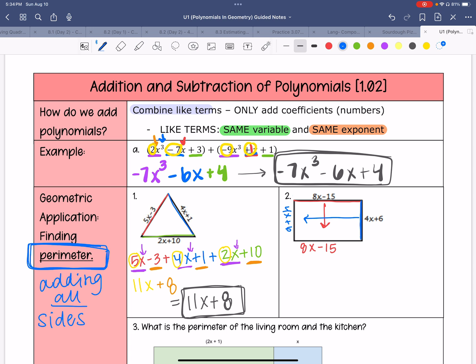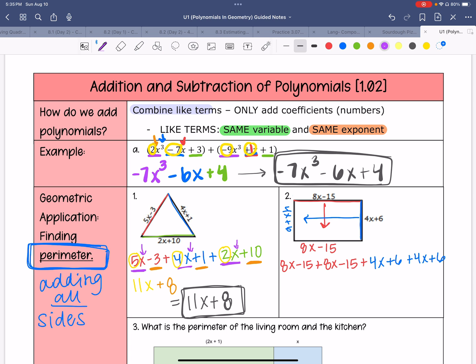So if we're given a rectangle, then the opposite sides are going to be the same expressions. So now that means I can add together 8x minus 15 plus 8x minus 15 plus 4x plus 6 plus 4x plus 6.